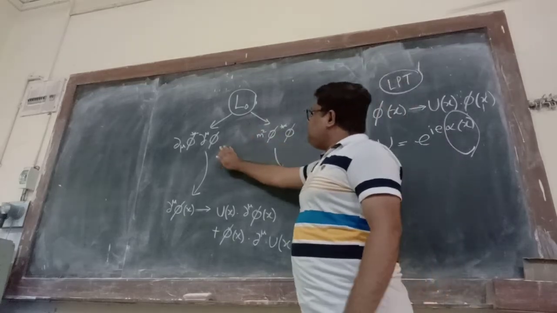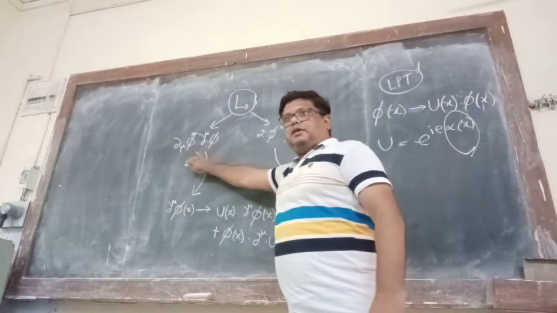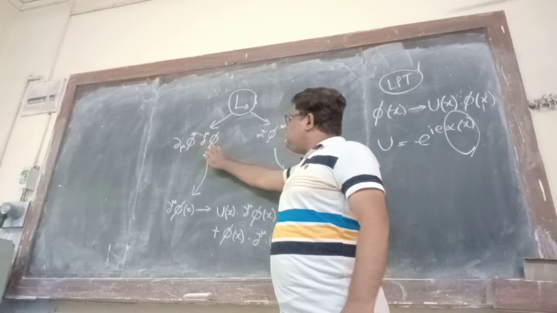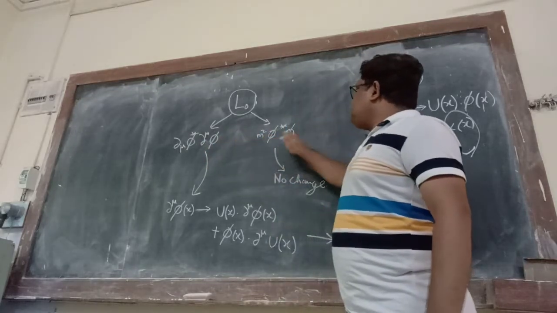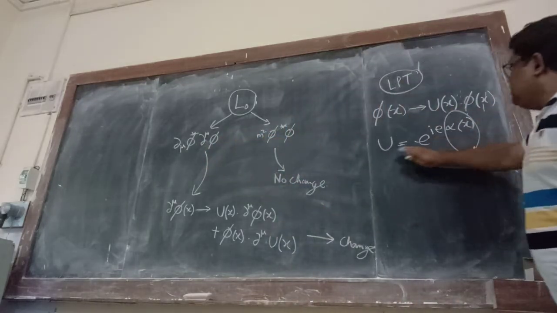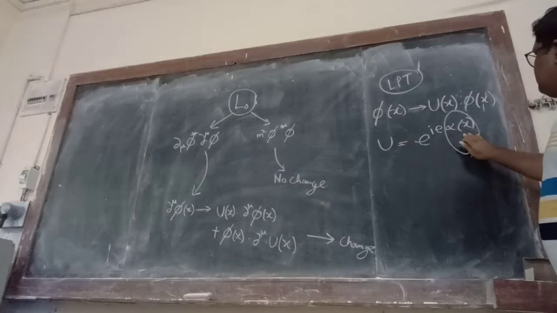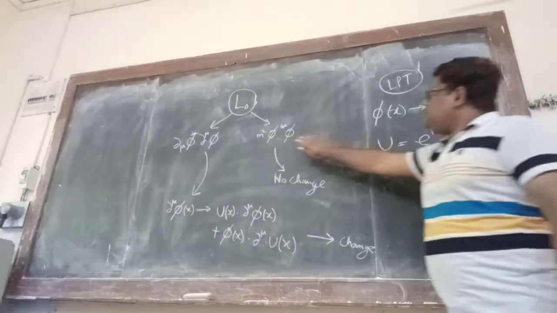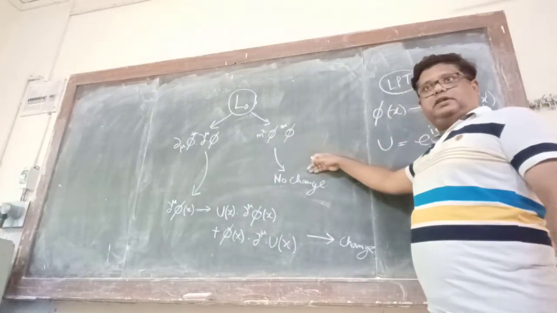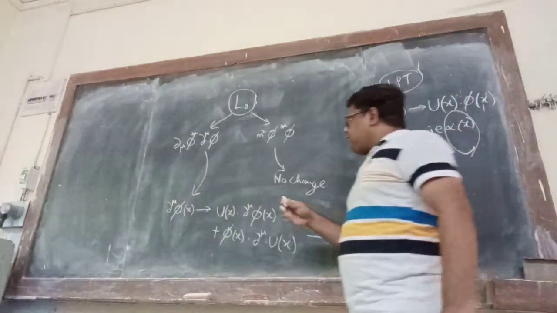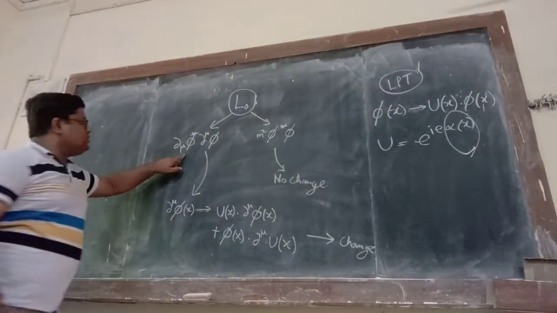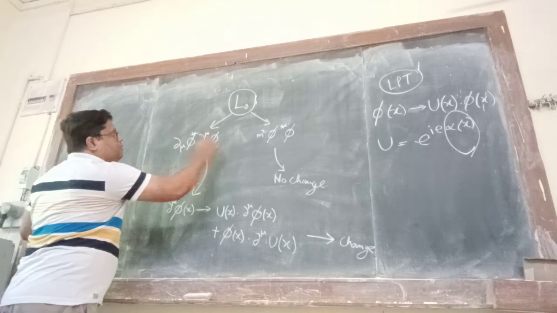Now it consists of two terms: the derivative of phi star times the derivative of phi, and phi star phi. Now look at the structure of U. So from this structure we see that in this term there will be no change. However, there is a problem if we talk about this term. So let us consider only this term.